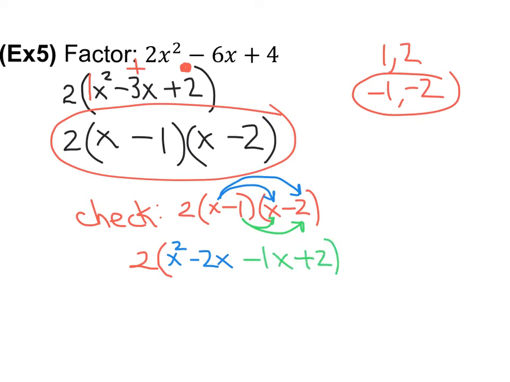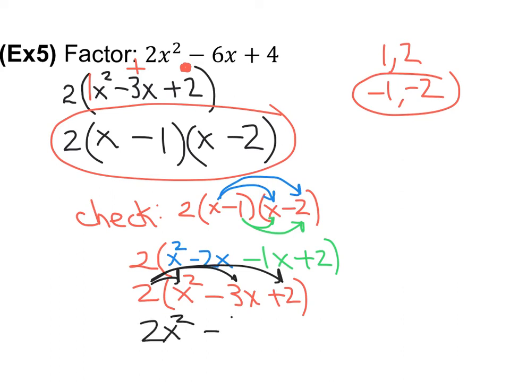Add like terms inside the parentheses first. So we have x squared minus 3x plus 2, and then finally we'll distribute the 2 to get our final check: 2x squared minus 6x plus 4. Check, that's exactly what we started with.